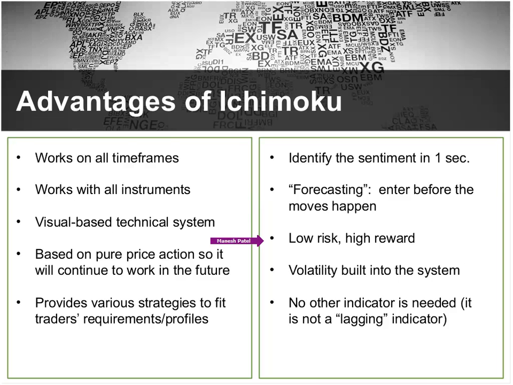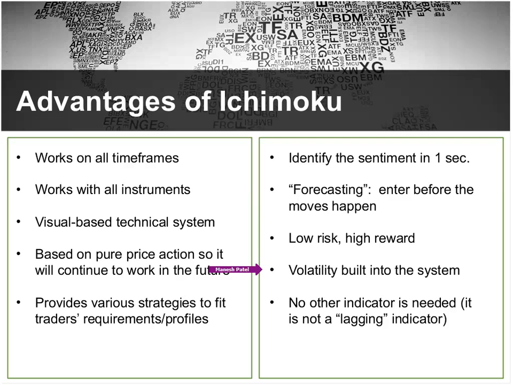Okay, next, volatility is already built into the system. The reason why volatility is built into the system is that the indicators look at the high and low of the day. So the indicators actually incorporate the volatility within a bar. Whether you're looking at the daily chart, 1-minute chart, 5-minute tick, whatever may be the case, the indicators incorporate the volatility within a bar and it is used towards the calculation.